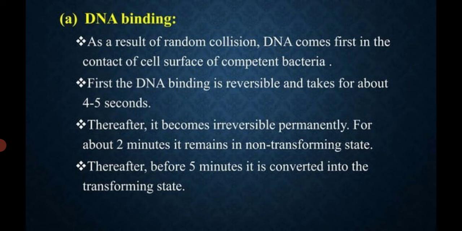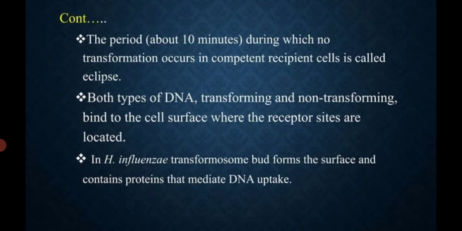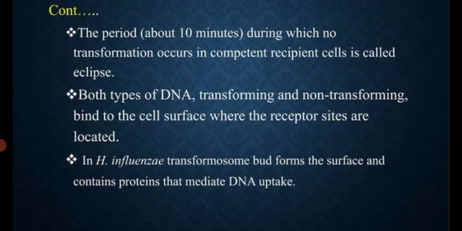Thereafter, before 5 minutes, it is converted into a transforming state. The period of 10 minutes during which no transformation occurs in a competent recipient cell is called the eclipse period.